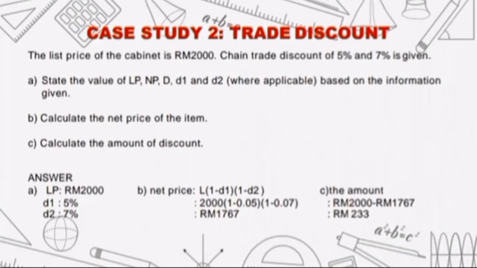So, the answer for net price is RM 1767. Lastly, to get the amount of discount, LP minus NP. So, we get RM 2000 minus RM 1767 equals RM 233.